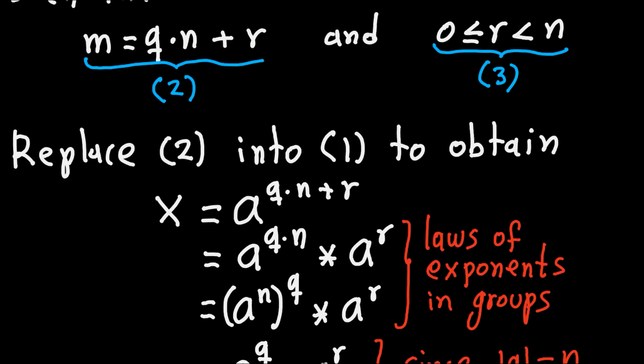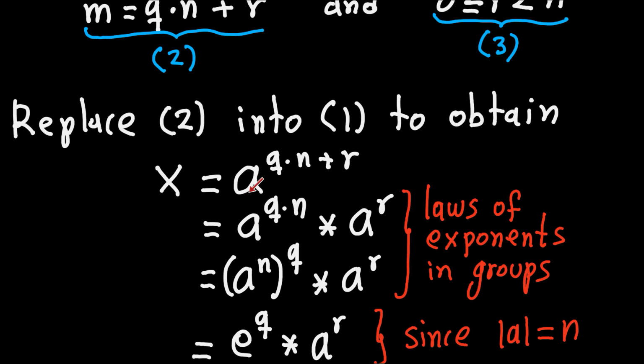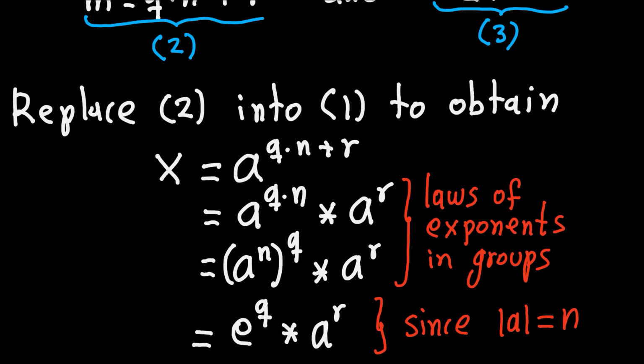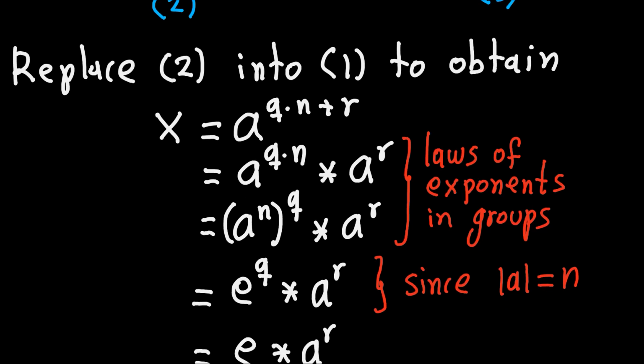And in here, I'm going to use some properties of exponents for groups. So a to the qn plus r is the same as a to the qn star a to the r. That's laws of exponents, which are true in groups. Not all properties of exponents that you know from regular algebra are true in groups, but these ones are. And this is also true in groups: a to the q times n is a to the n times q.